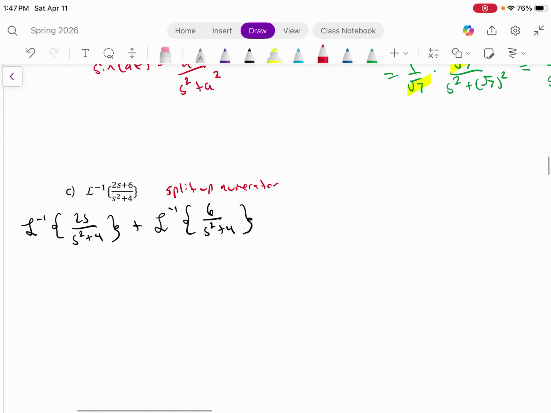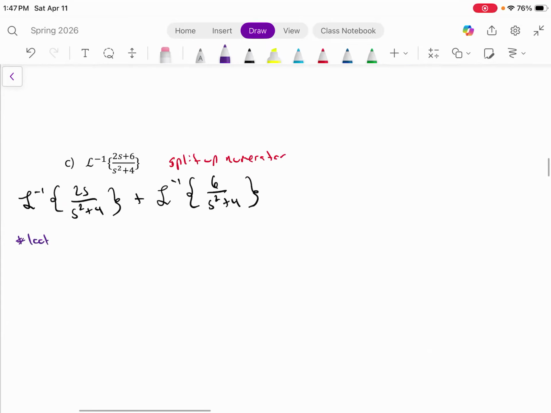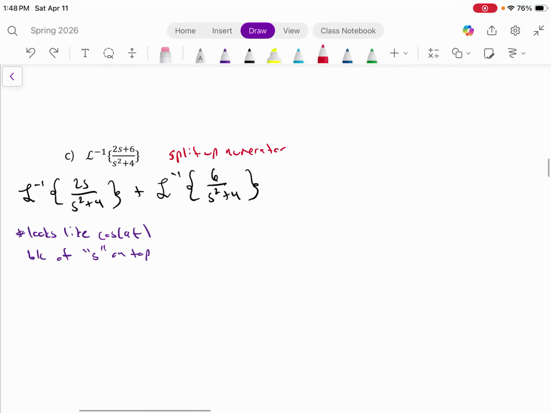The first looks like cosine of at because of the s on top. It just has a single s on top, so it looks like cosine to me. Because what is cosine? Cosine of at is s over s squared plus a squared.